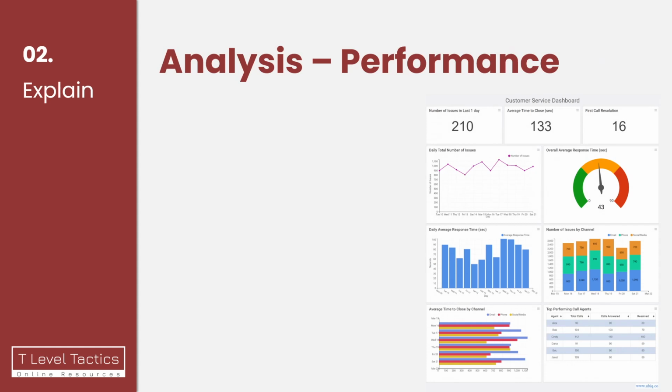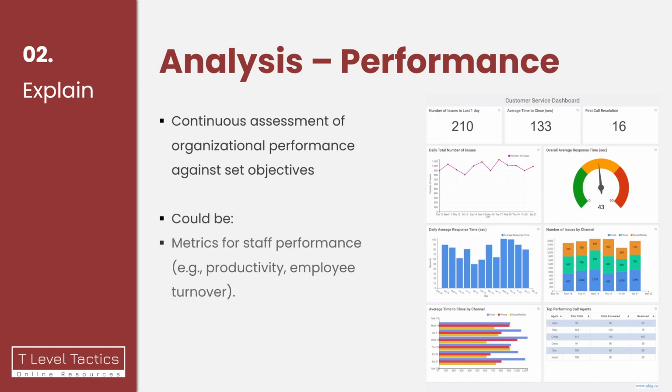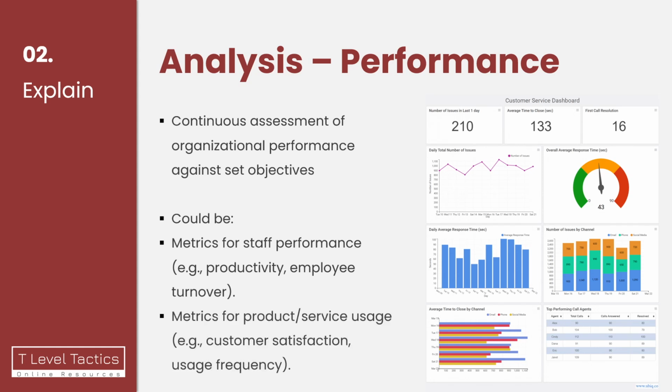We could also analyse performance, the continuous assessment of organisational performance against some set objectives. This could be metrics for staff performance, such as productivity or employee turnover, or for product or service usage, such as customer satisfaction and usage frequency.